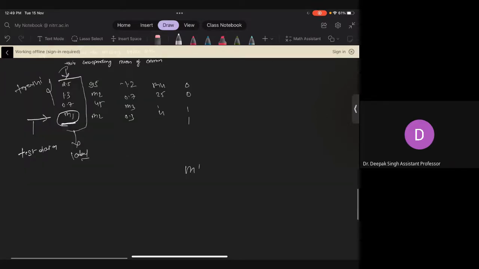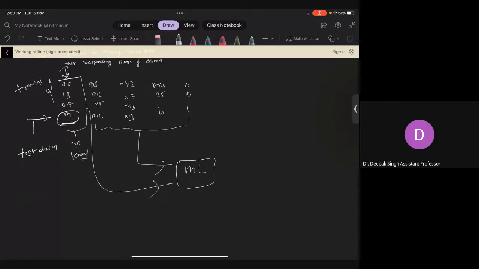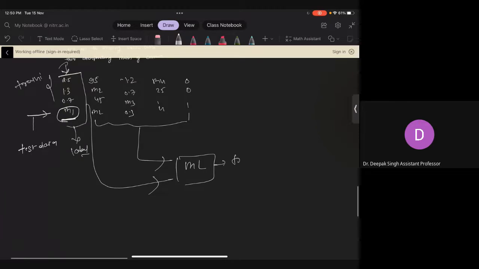Now you have a machine learning model with you, linear regression or logistic regression. These other columns would be the features, and this would be the label. Train it. Training is done. Now use this instance for testing. This model will generate a value.